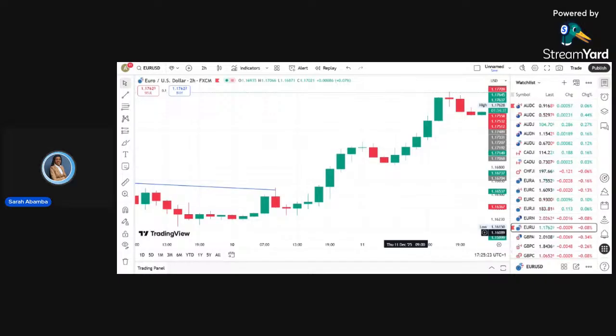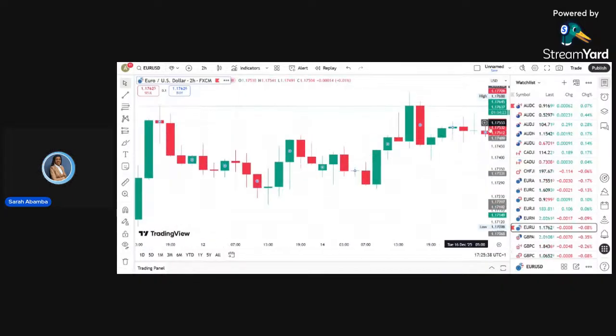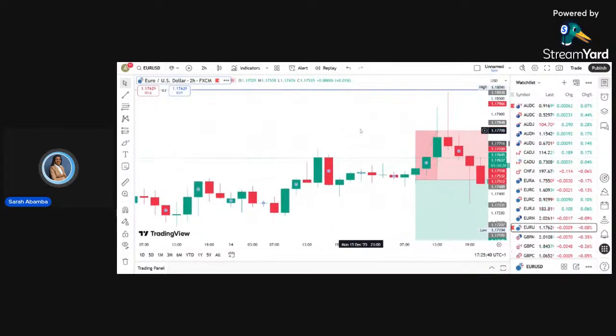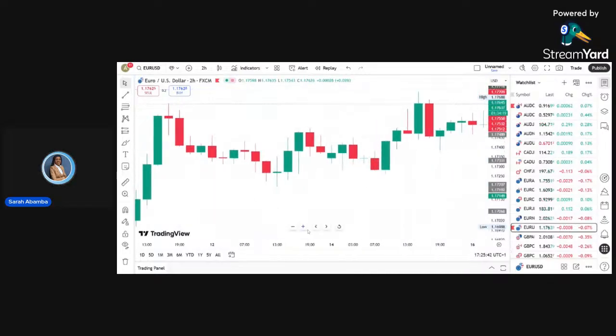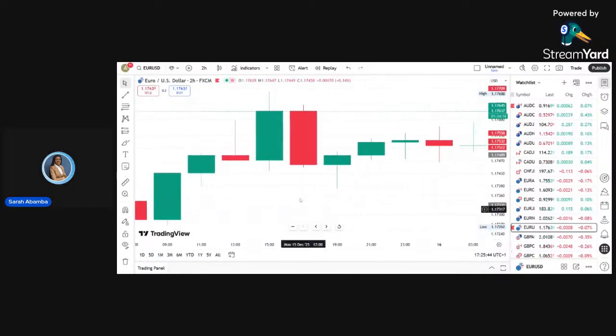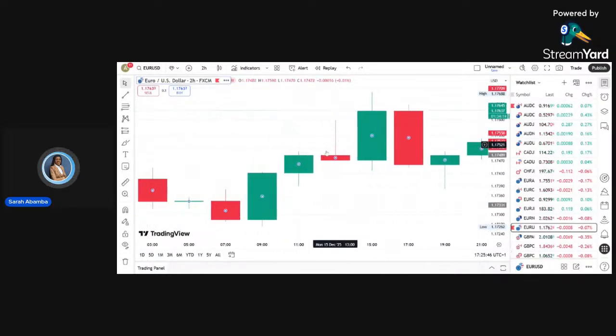What it indicates is that wherever the wick is, the wick can either be facing up or down. If the wick is facing up, like upside down, something like this, let me expand this chart so that you can see it properly. Look at this, this is a pin bar.